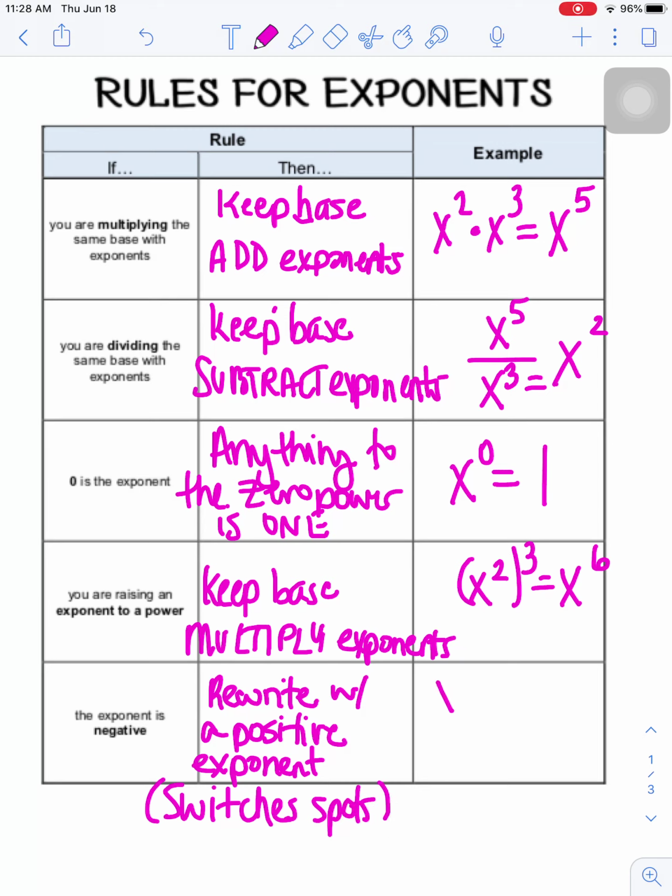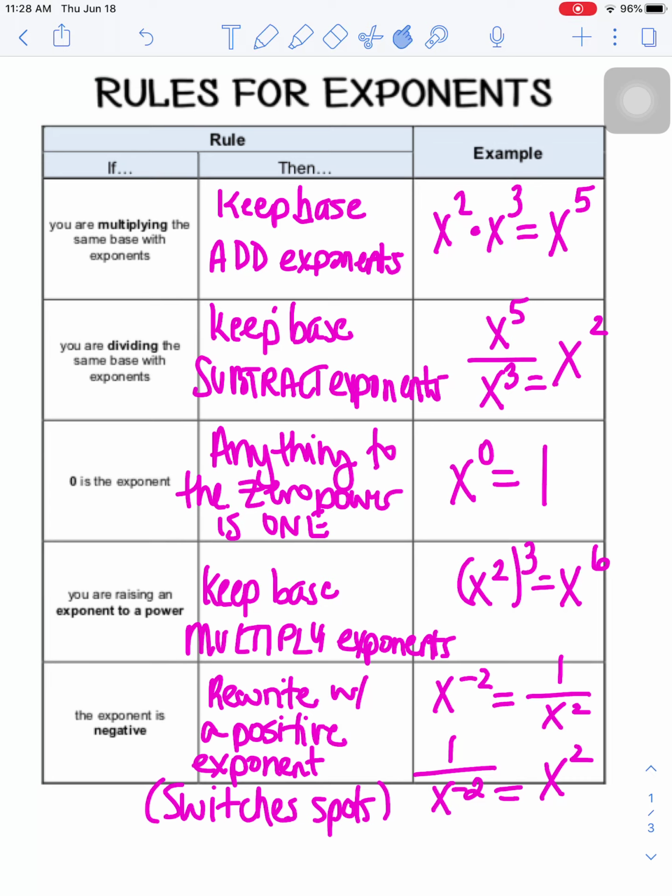So remember, if you have x to the negative second, that's going to send that into the denominator. That would become an x squared. If your negative exponent is in the denominator to begin with, so let's say you have 1 over x to the negative second, it moves that into the numerator. It becomes its inverse.